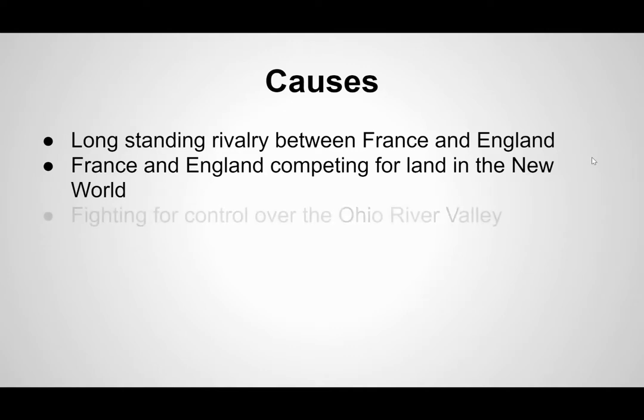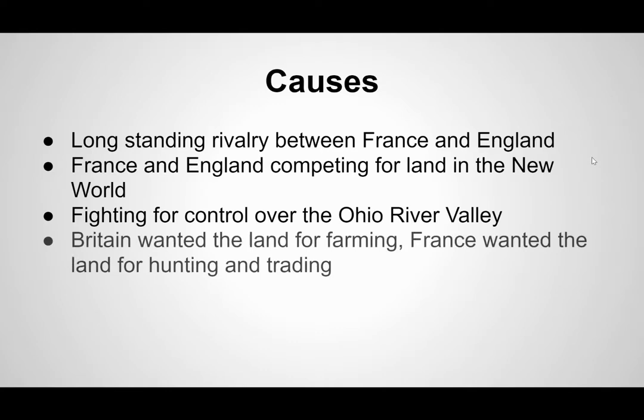Specifically, they were fighting for control over the Ohio River Valley. So the Ohio River is a large river in North America, and along the Ohio River Valley, there was really fertile land that the British wanted for farming. So the British wanted to extend their original 13 colonies further west into the Ohio River Valley because they want that land for farming.